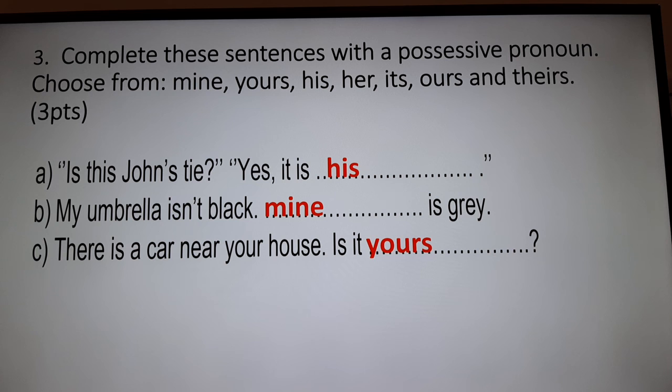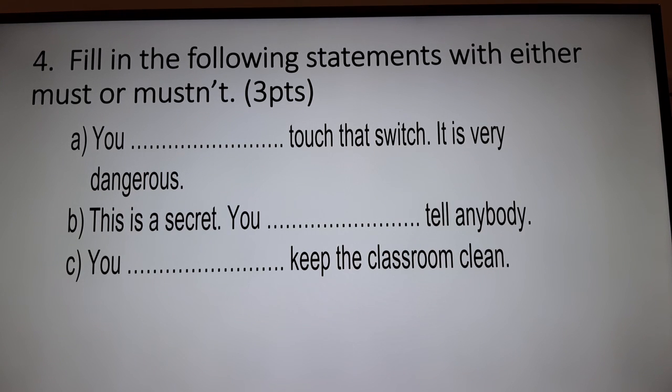Now, let's move to exercise 4. Now, here we have fill in the following statements with either must or mustn't. So, what you have to remember here is that we use must or mustn't for obligation. What you are obliged to do or not to do. So, A, you touch that switch, it's very dangerous.